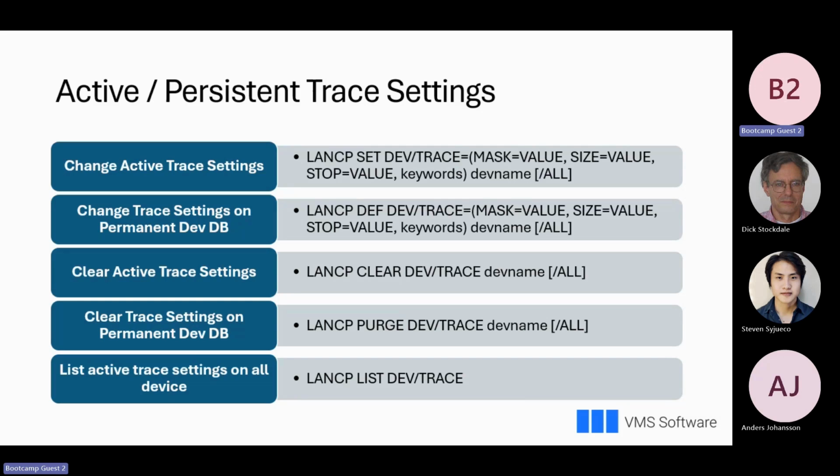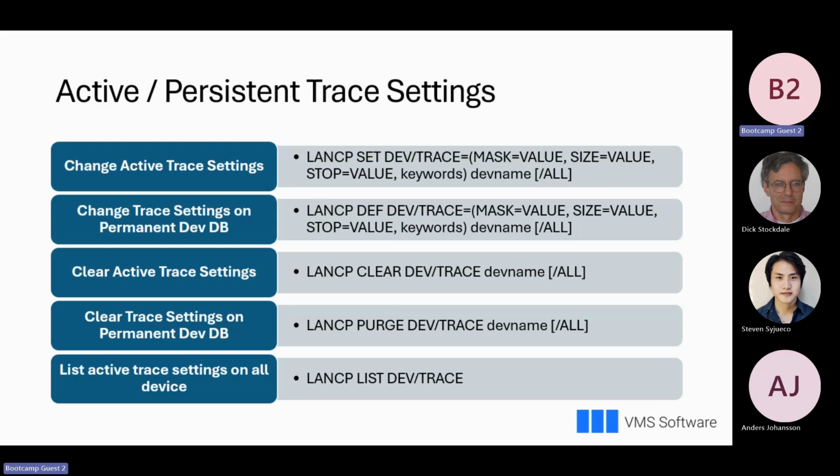Now, of course, before you change the setting, you've got to list the devices that you have available, so you know what device to configure. You could use LANCP list dev trace to get a list of all the existing devices and their active mask. If you want a more detailed breakdown, you could use show conf user.